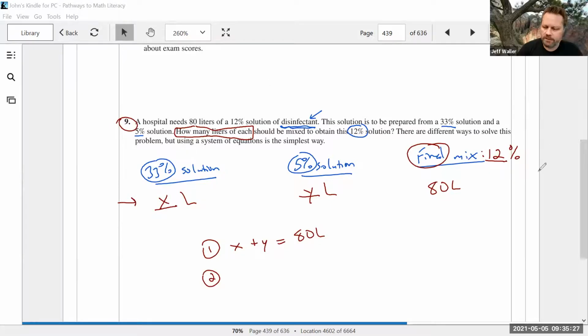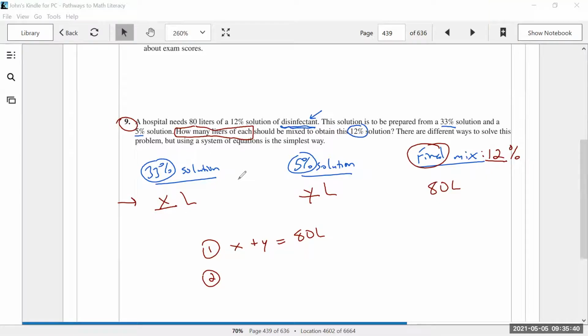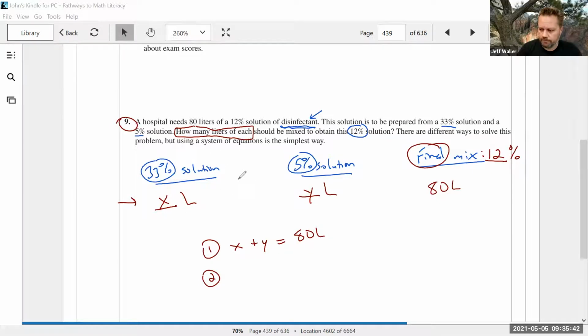I'm not talking about the final mix. This guy right here. How much disinfectant is in this thing? 33% of what? Of X. There we go. So the amount of disinfectant in this guy is 0.33x.